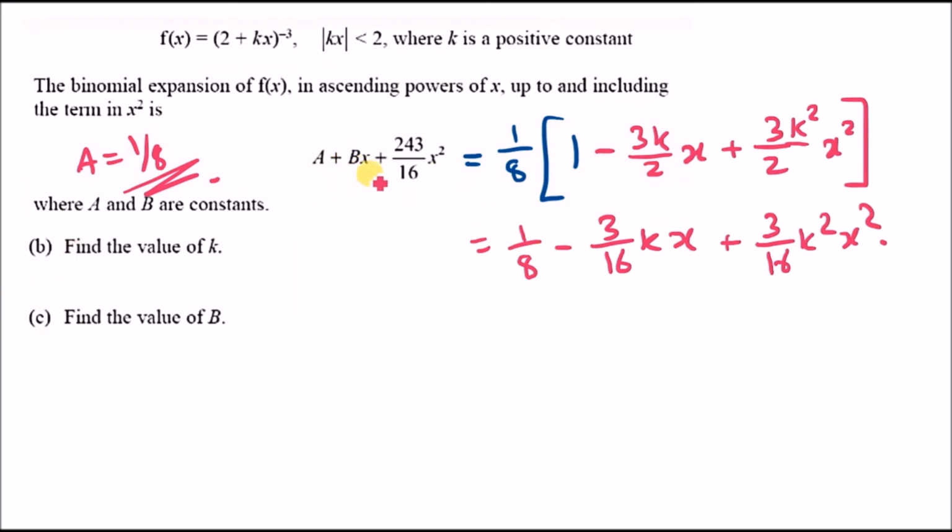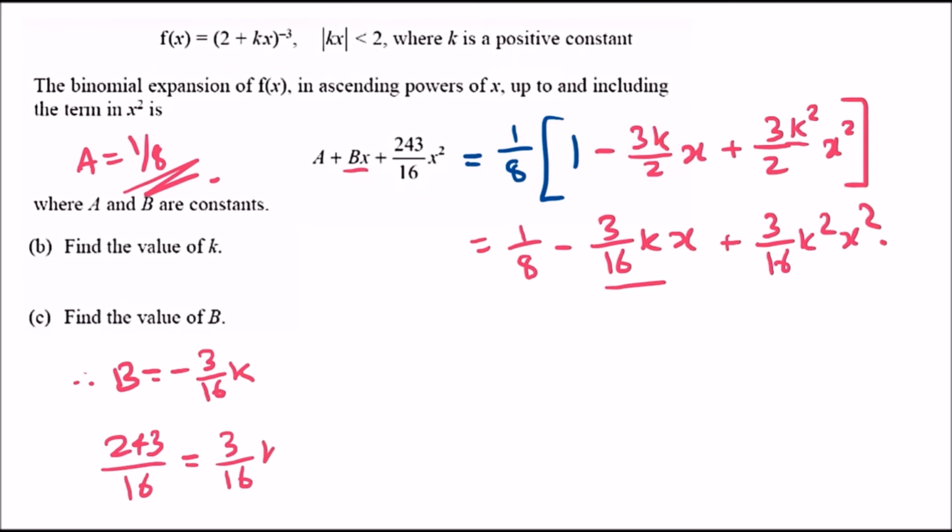Matching left and right side, b must equal minus 3 over 16 k. We can also say that the x squared coefficient, 243 over 16, must equal 3 over 16 k squared. So 243 over 16 must equal 3 over 16 k squared.